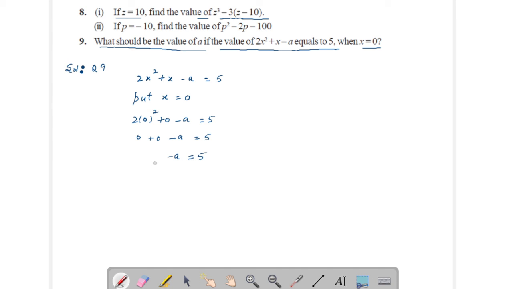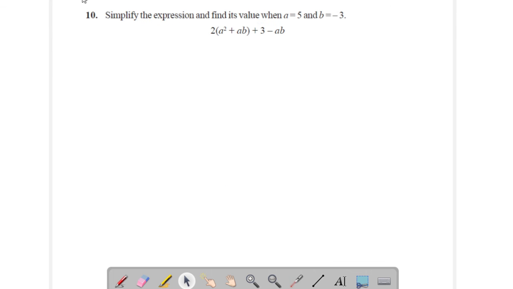Here shift minus sign from left hand side to right hand side. What will you get? A equal to minus 5. Therefore, value of a equal to minus 5. This is your answer.